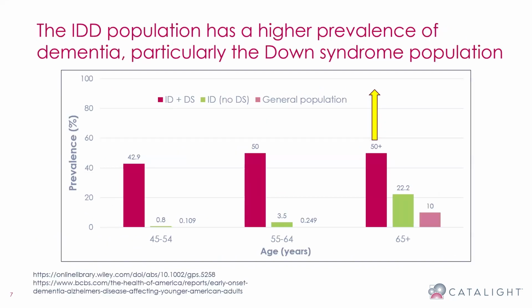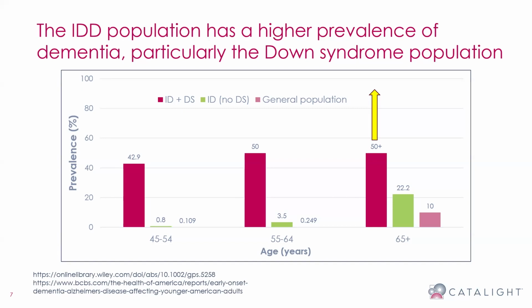Now, looking at dementia, I think it's been known that those with Down syndrome do have a much higher prevalence of dementia. However, this is also true in the ID population: those with cognitive disabilities also have a higher prevalence of dementia, as you can see in the green bars on this chart.